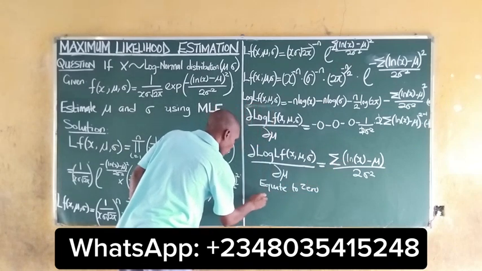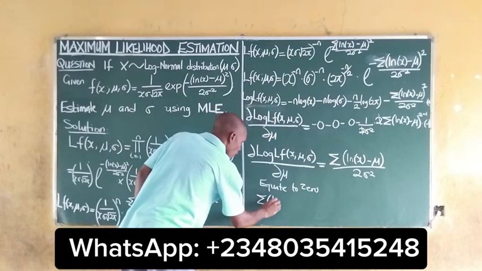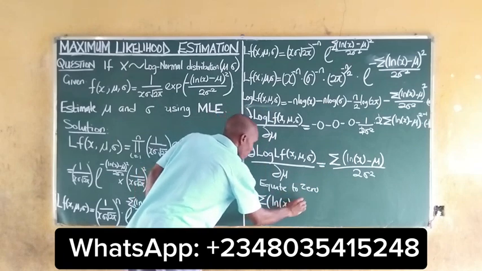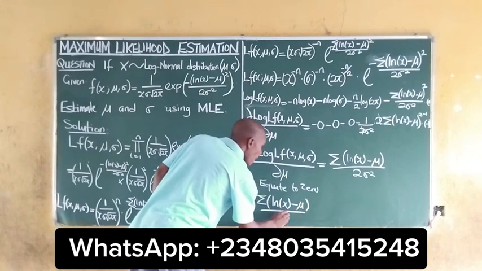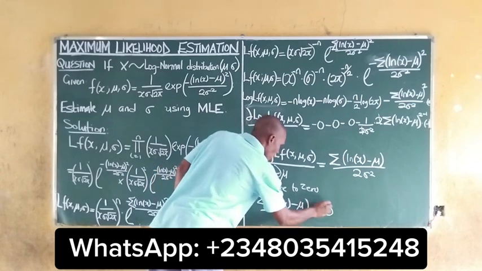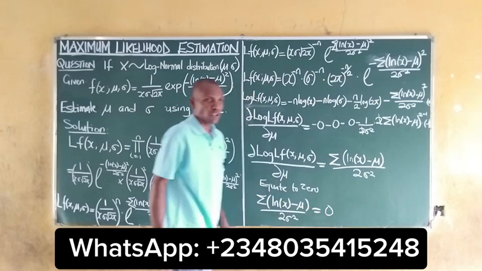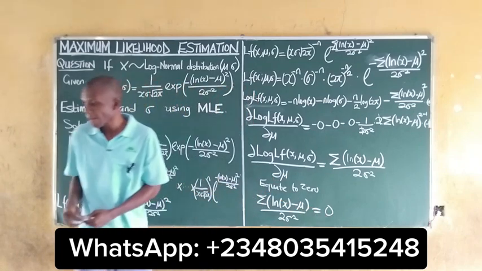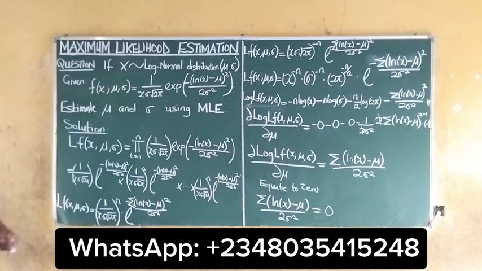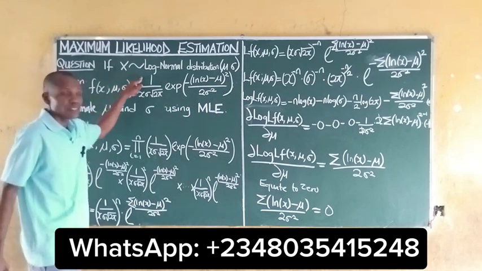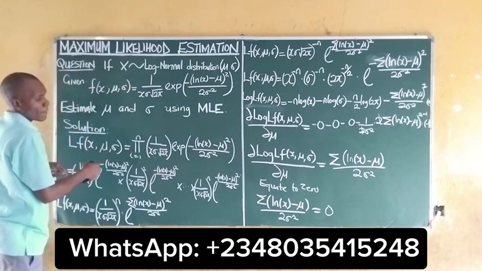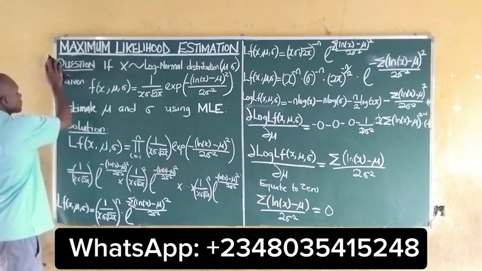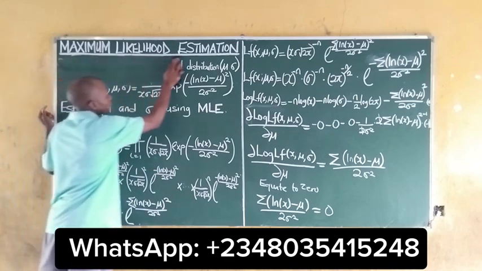So we get summation of ln x minus mu all over 2 sigma squared equal to 0. Of course, this will go into 0 to give us this alone. So we come over to this other side of the board to obtain our mean.